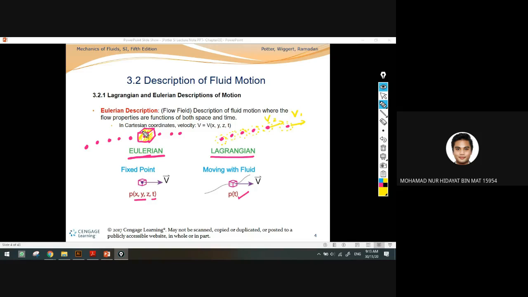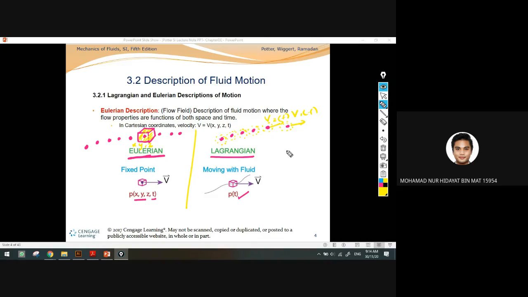However, this is where we measure the region only. That is why we consider the space X, Y, and Z. This is measured in terms of time only. At time equal to 2, what happened? The particle will flow. So that is actually the big difference between the Eulerian and Lagrangian flow description of motion.